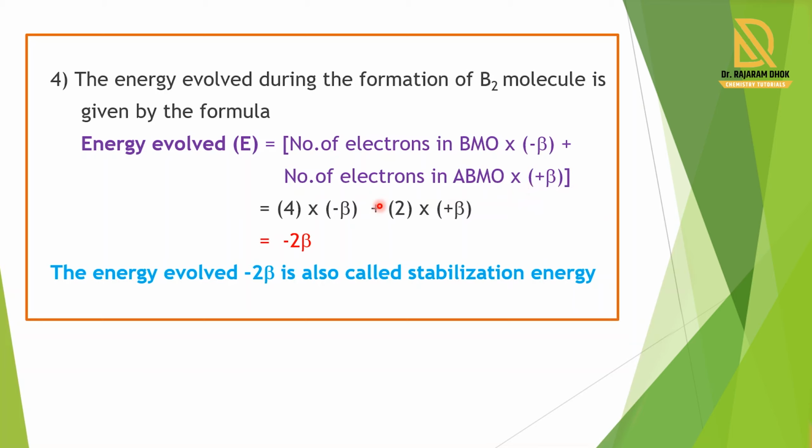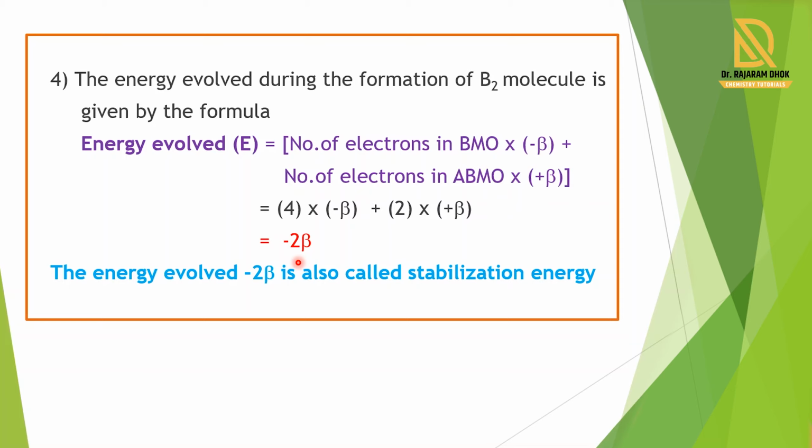Here, 4 electrons are present in bonding molecular orbitals, so we write 4 into minus beta. 2 electrons are present in anti-bonding molecular orbitals, so we write 2 into plus beta, and by calculation we get the value minus 2 beta.